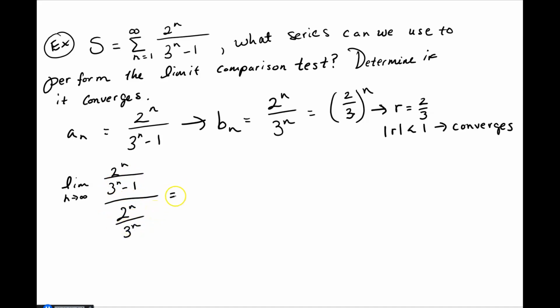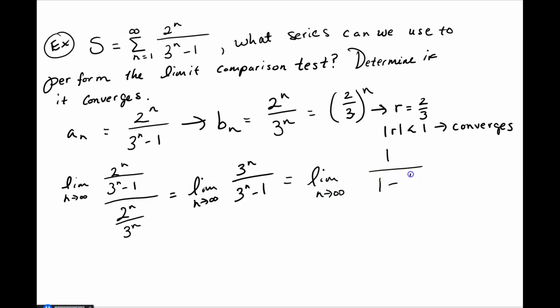All right, this is the limit as n goes to infinity of what ends up happening. The 2 to the n gets rid of itself. 3 to the n over 3 to the n minus 1. And very similarly to the last example, we end up with a limit that looks like this. The limit as n goes to infinity of 1 over 1 minus 1 over 3 to the nth.